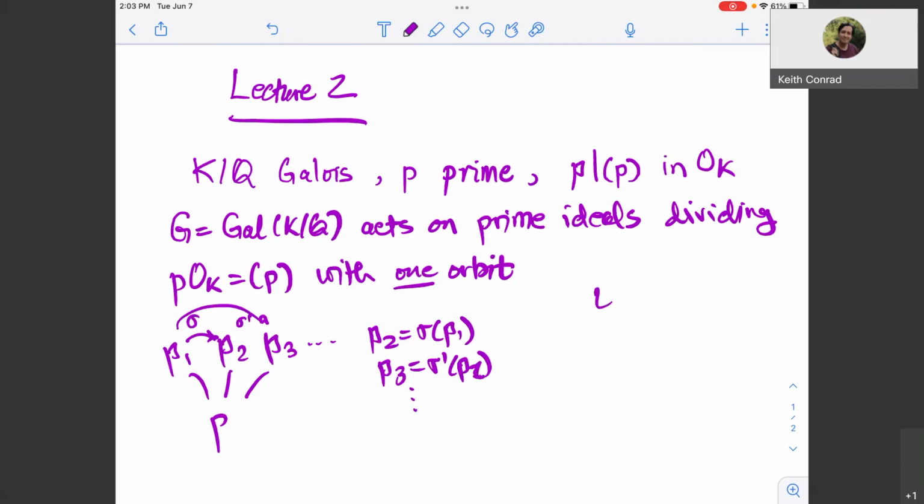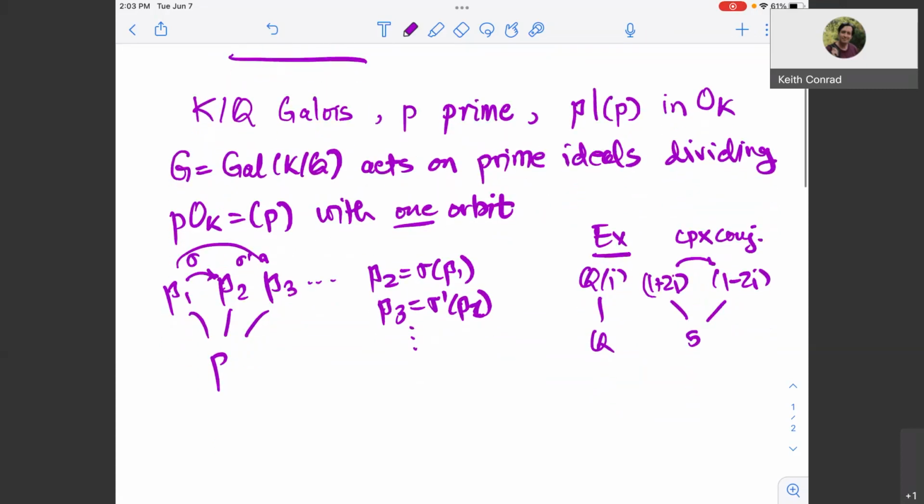The example I may have mentioned last time: if you take Q adjoin i over Q, and the prime 5, its factors are 1 plus 2i and 1 minus 2i, and those are complex conjugates. Using complex conjugation, you can go from one to the other, and that is one of the elements in the Galois group of Q adjoin i over Q. So just to illustrate the idea, you can get from anywhere to anywhere among the prime ideals dividing a particular prime.